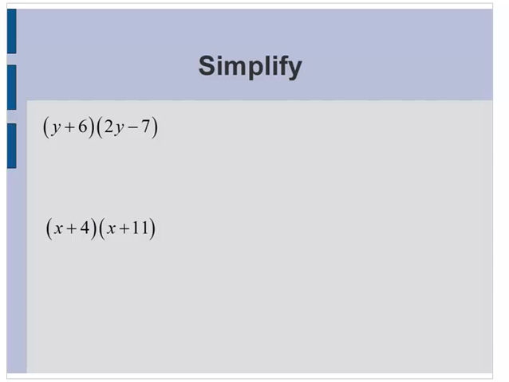So if I had y plus 6 times 2y minus 7, firsts, y and 2y would go to 2y squared. Outers would be the y and the minus 7, minus 7y.